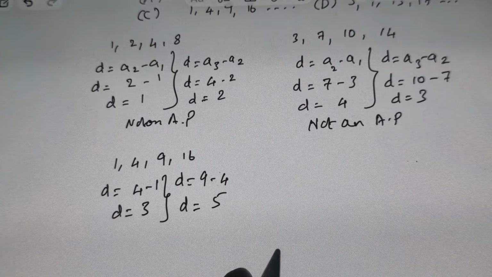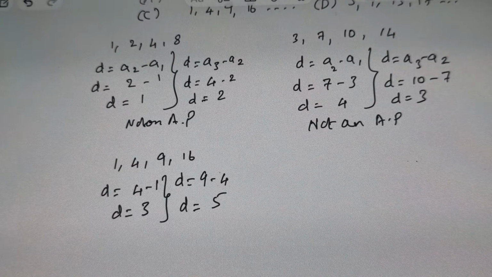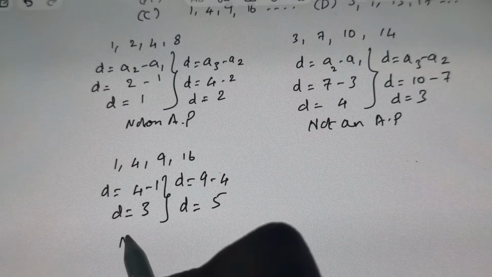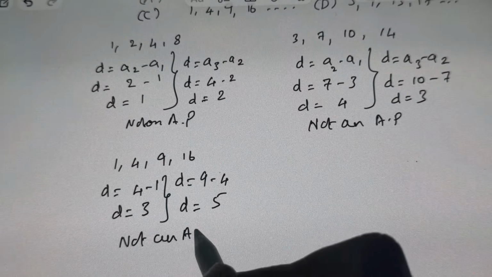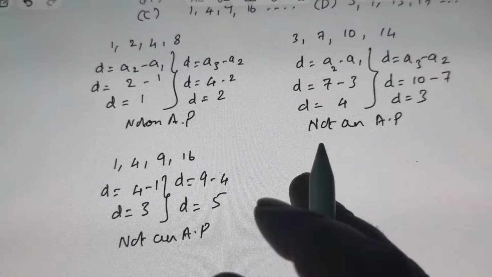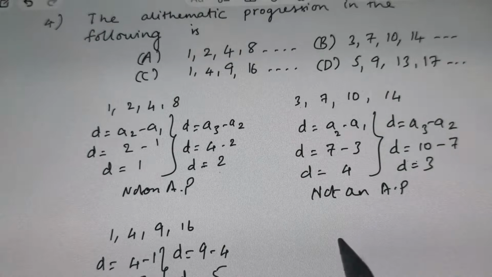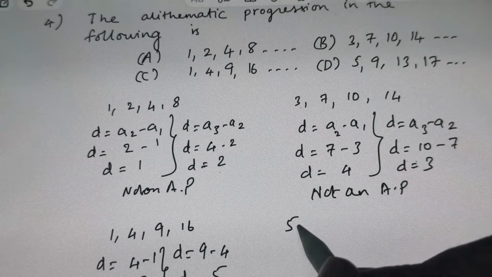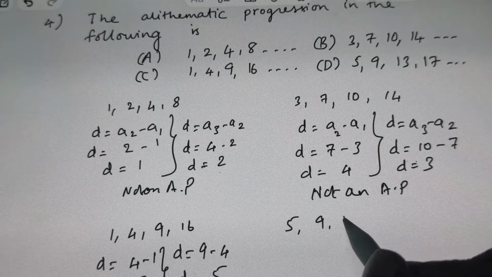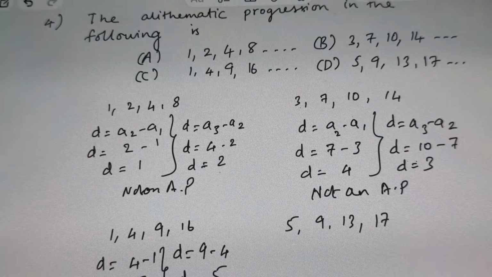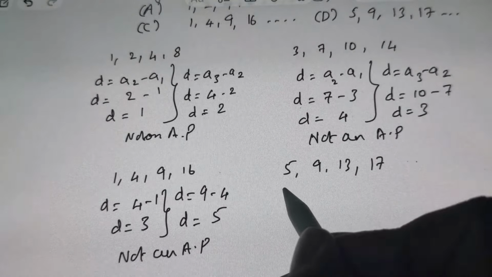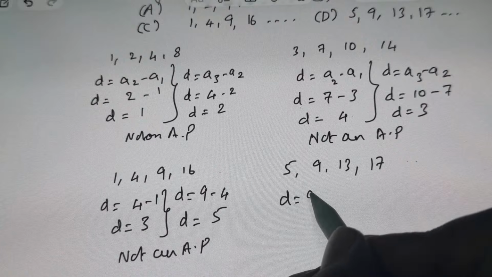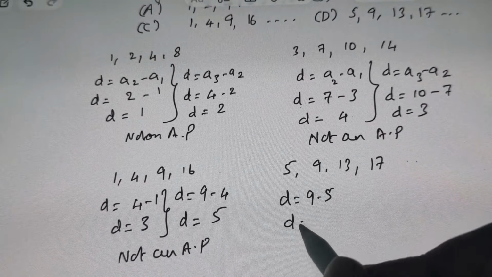Again there is no common difference, therefore it is also not an AP. Going for the last series, 5, 9, 13, 17, D equals 9 minus 5, D equals 4.